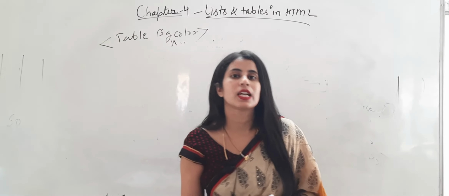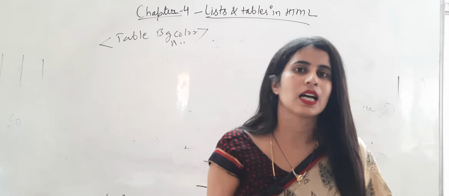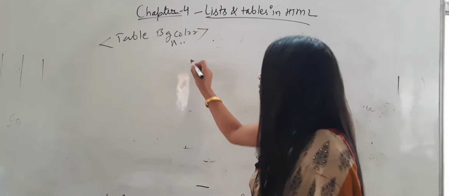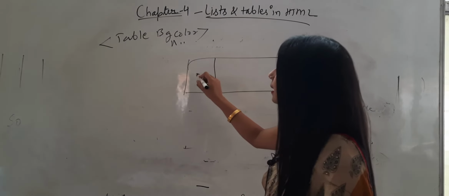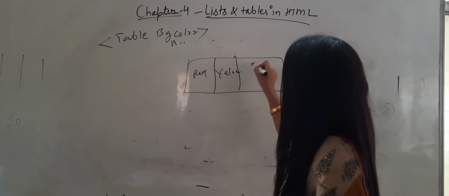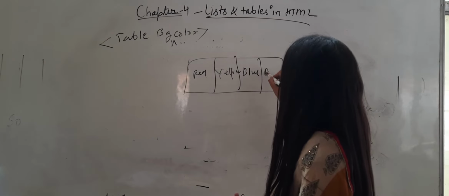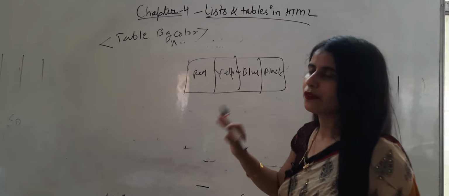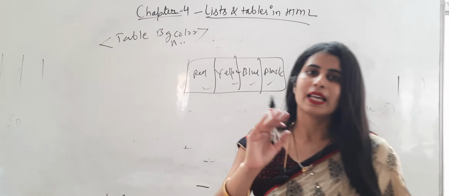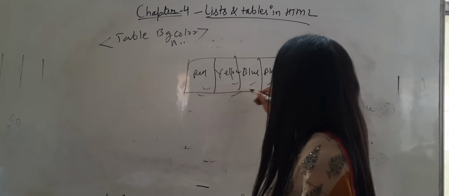Next is BG color. BG color stands for background color. It defines the background color of the cell. If I have four cells, I can use red as background here, yellow here, blue here, and black here. Whatever color I want to assign to these cells as a background, I should use the BG color attribute in each one.